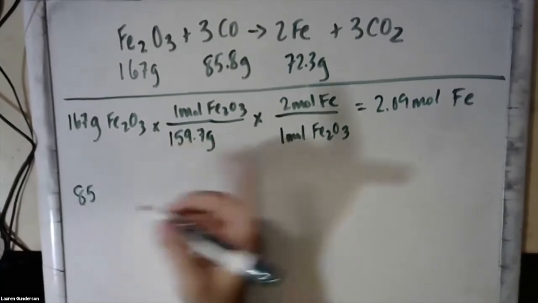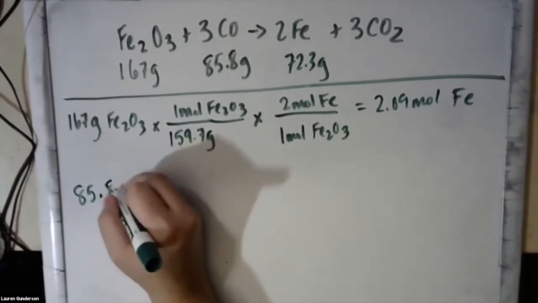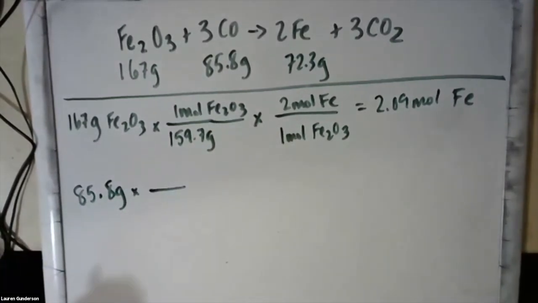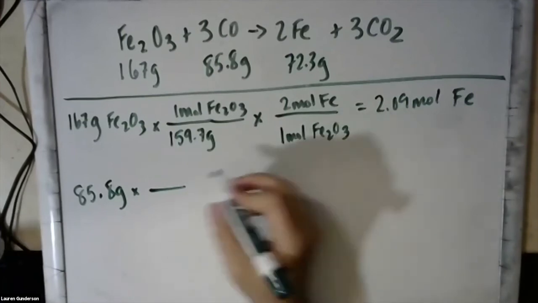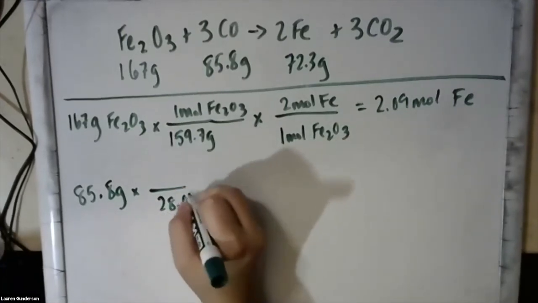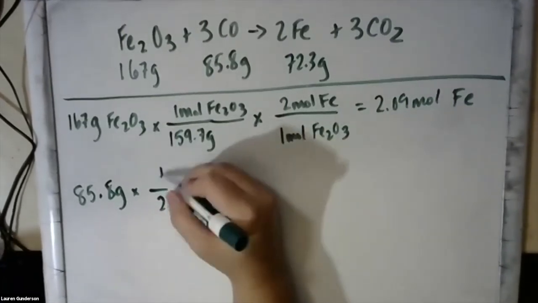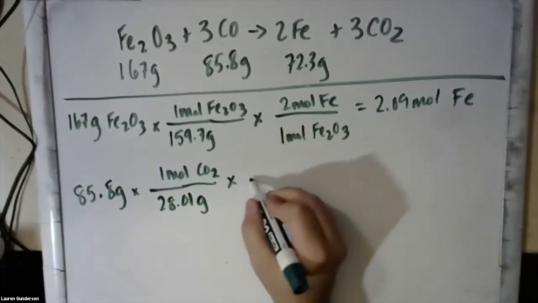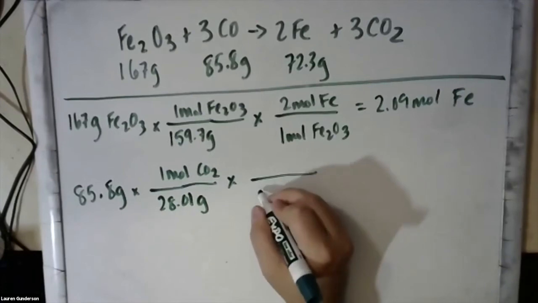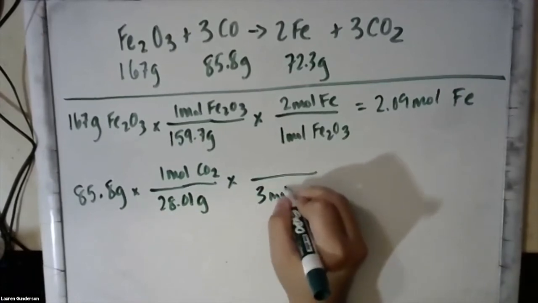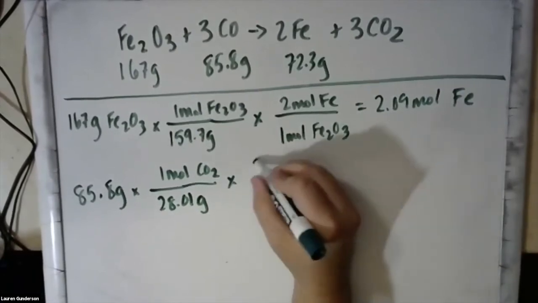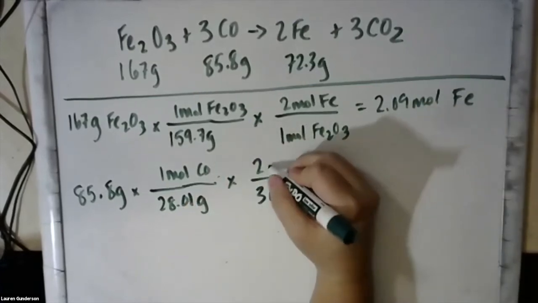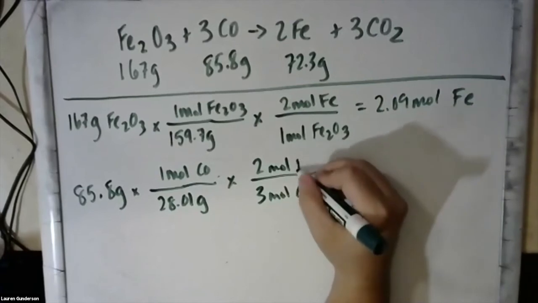And now we're going to repeat that process for the carbon monoxide. Okay, and then according to our balanced equation, we have a 3-to-2 ratio here. So 3 moles of CO will produce 2 moles of Fe.